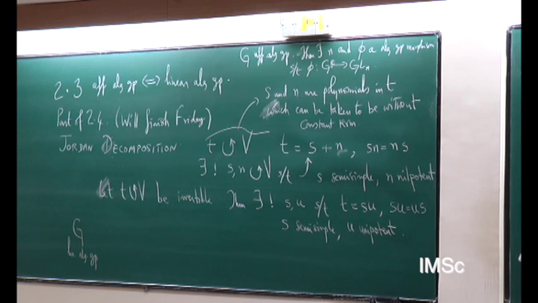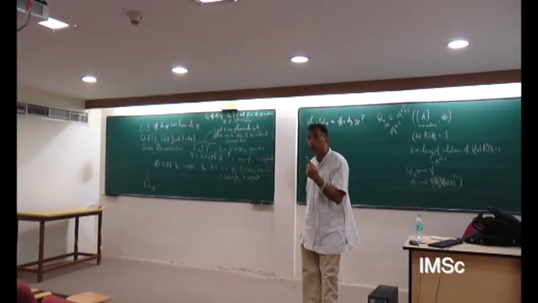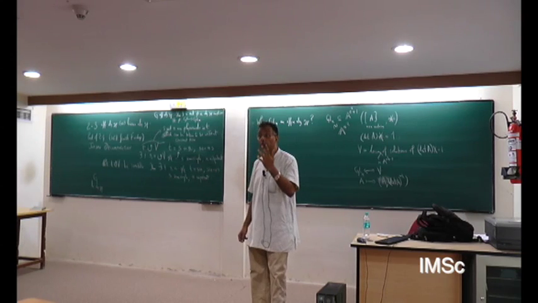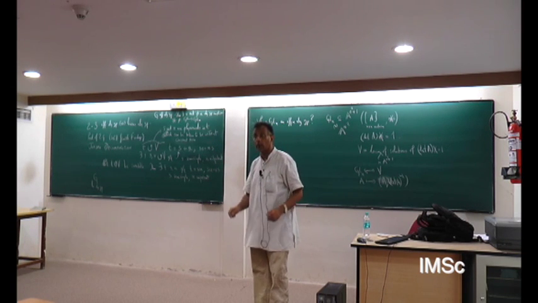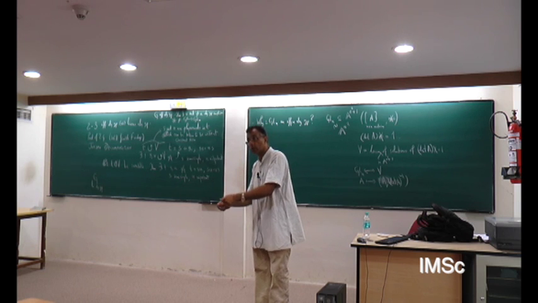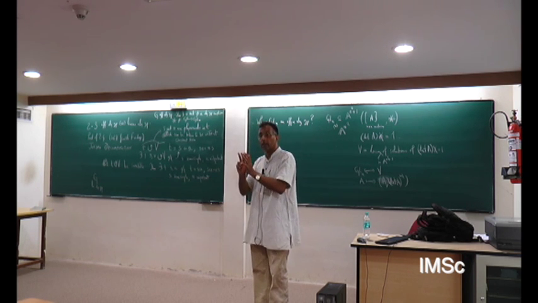One important fact is that, although images of morphisms need not be closed, for an algebraic group morphism it is true that the image is closed. So I don't have to worry about it. Once I know that it's an injection, I know that the image is going to be closed, and therefore I have identified G as a closed subgroup of some GLN.